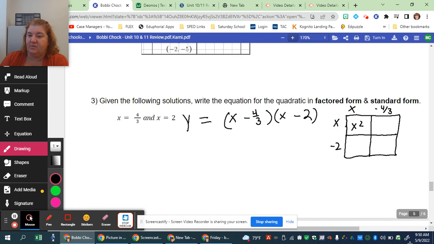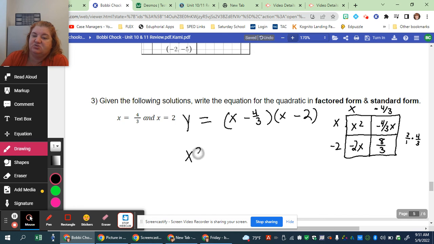So we get x squared, -4/3 x, -2x, and a negative times a negative is a positive, and so that's 8/3. If you didn't know how to do that, you're just going 2 over 1 times 4/3, and you multiply straight across. Okay, so now we just simplify this out.